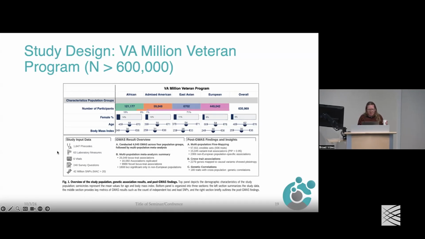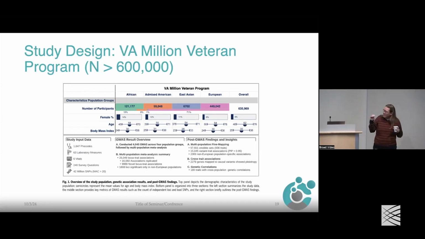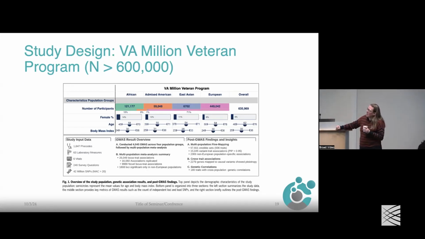The heritable traits that they're using in this analysis had to do with phecodes, which are just medical record codes, or outcomes or diseases that are derived from medical record data.